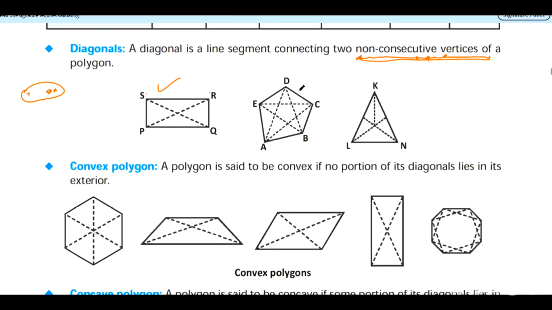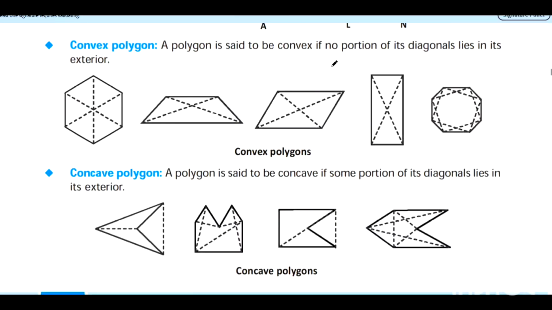Now one more important thing: what did you understand by convex polygon and concave polygon? When I am discussing convex polygon, I will say that no portion of its diagonals lies in its exterior. When it is a closed figure, there are points inside it and points outside it.